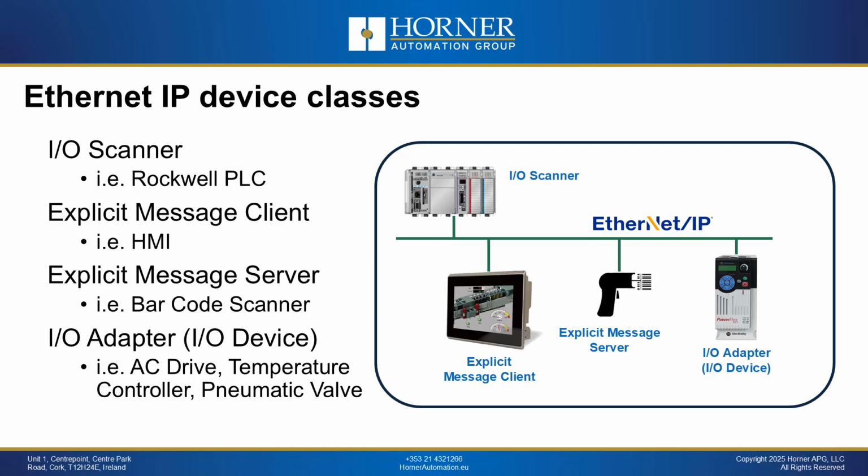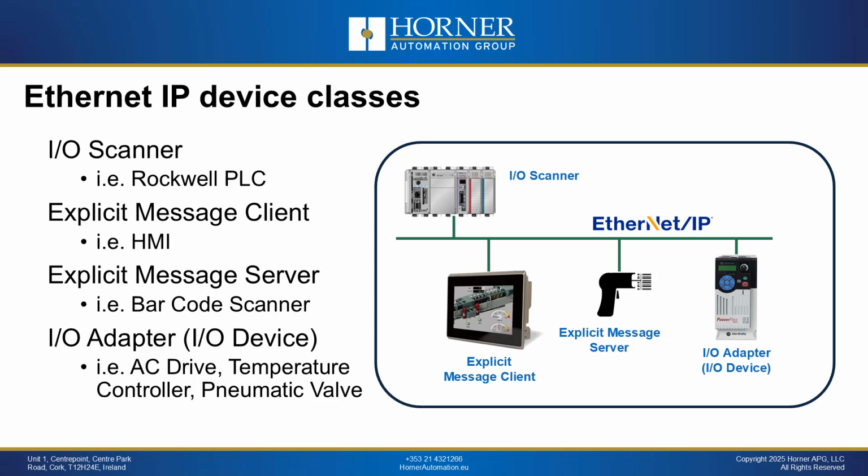The next device class we will talk about is an explicit message client, which is the device that can exchange messages, typically tagged data over the network, usually with an I/O scanner. And as an example, that device would be an HMI that is sitting on the network. So the next class would be an explicit message server, a device that is sending messages to the network, like a barcode scanner.